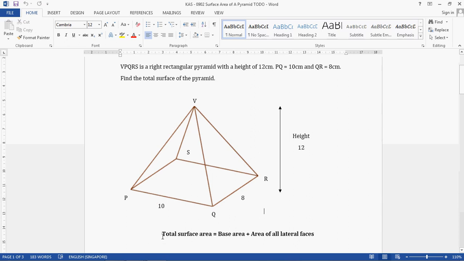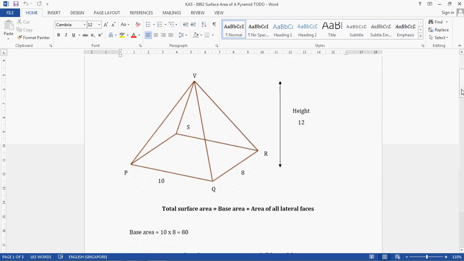We do know that we want the total surface area. And the total surface area of a pyramid is actually the base as well as all the 4 faces, right? Because this particular pyramid has a rectangular base.